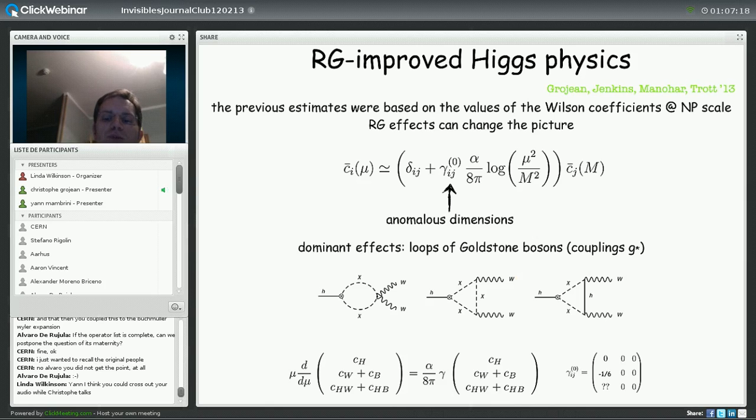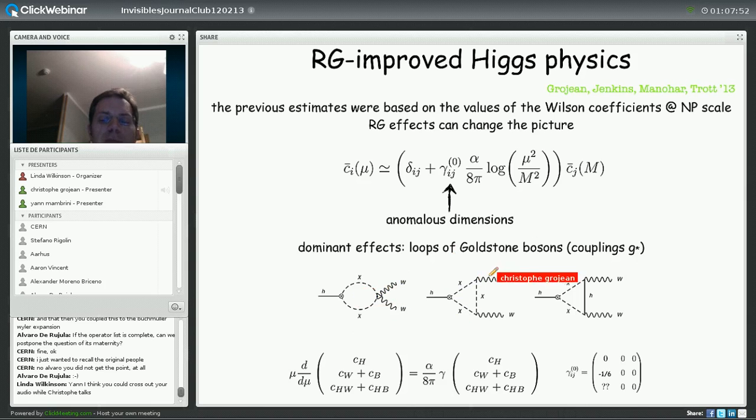So you have to run down your effective Lagrangian. You have to take into account renormalization group evolution from the scale of new physics, capital M, to the weak scale, scale mu, which could be the mass of the X or the mass of the top, etc. So you have to take into account some loop effects, or compute the anomalous dimensions of these Wilson coefficients.